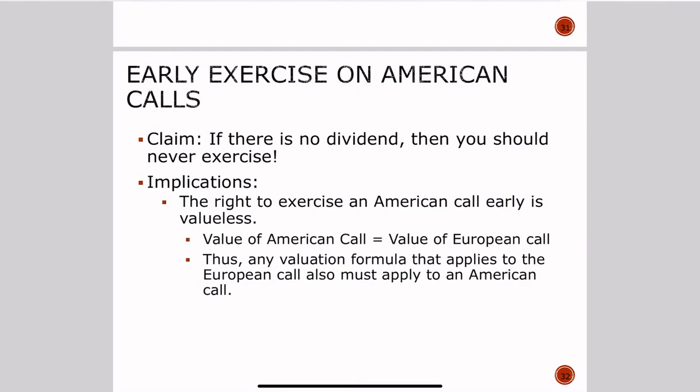The second is, you might wonder, is this assumption realistic? Because to get this result, you have to assume there is no dividend. This assumption is actually very realistic because generally a firm will only pay you dividends every quarter, so you will get 4 dividends per year.